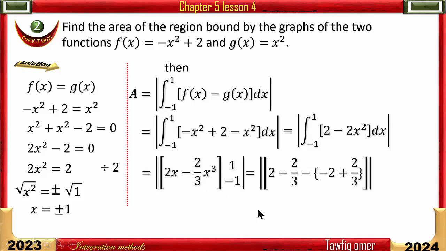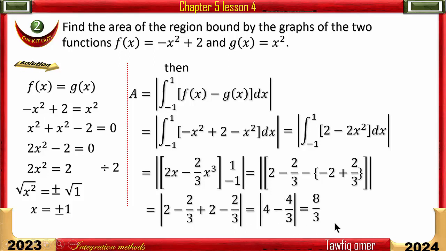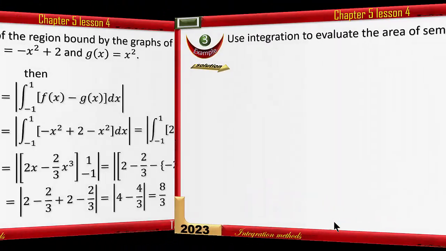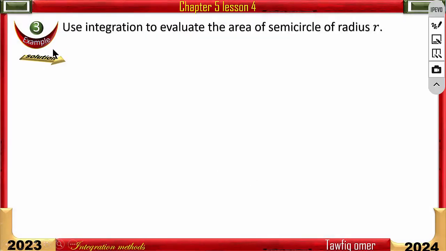And now replacing: 1 times 2 is 2, 1 cubed is 1 times 2 over 3 is 2 over 3, minus 1 cubed is minus 1 times 2 is minus 2, and it becomes 2 minus 2 over 3 plus 2 minus 2 over 3, it equals 8 over 3. 8 over 3. Example 3.